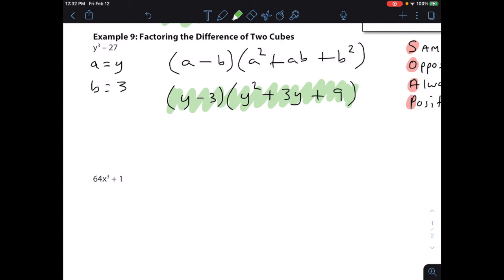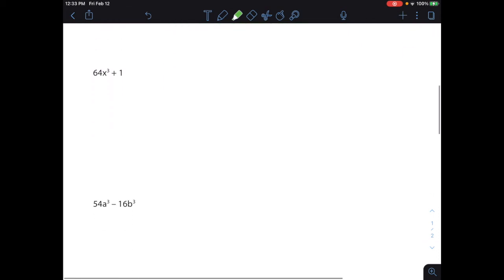We're all good. All right, so these are relatively straightforward examples because we start with a term that is just a variable to the third power. If you look at this next example, we're starting with a number in front of the variable, or a coefficient in front of the variable. So we just have to be a little bit careful here.